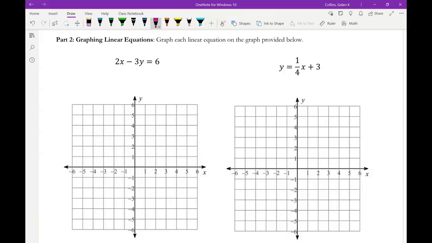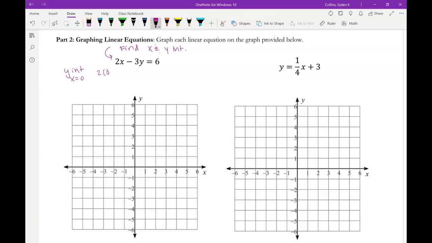So for this first method, I would recommend finding the intercepts. If I just find and plot the x and y intercepts, then I just draw a line between them using a straight edge.